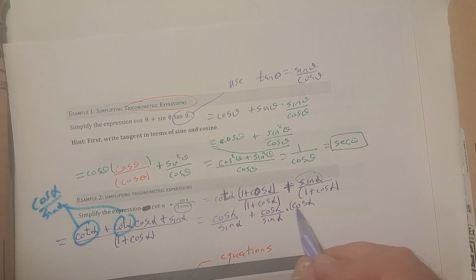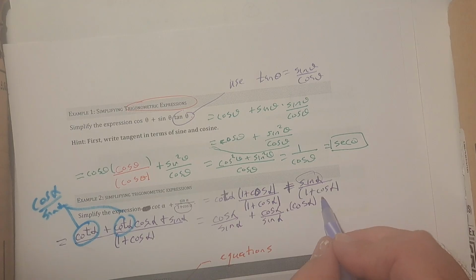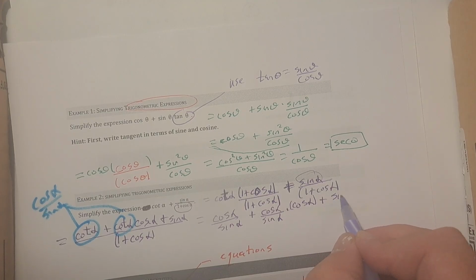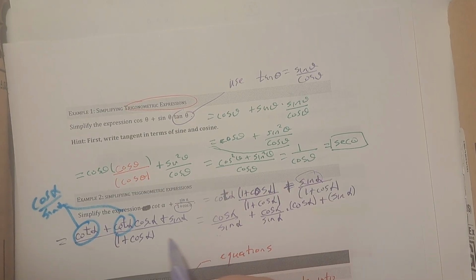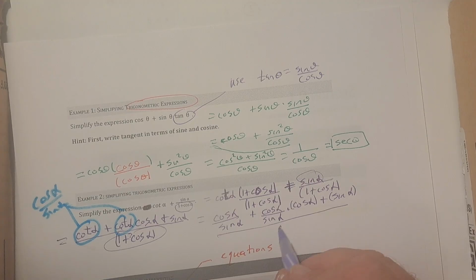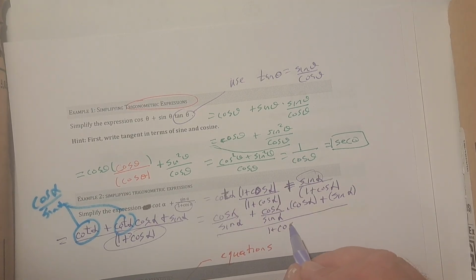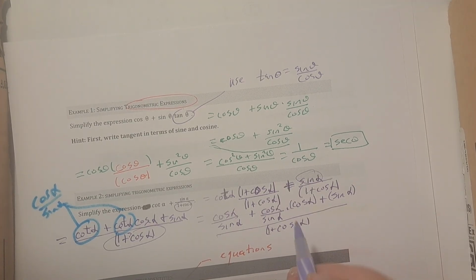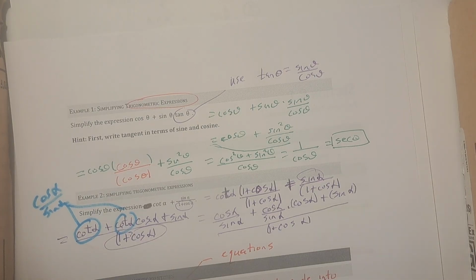So that cosine, so that plus sine. And then that 1 plus cosine alpha is still on the bottom. Now we're going to move from there.